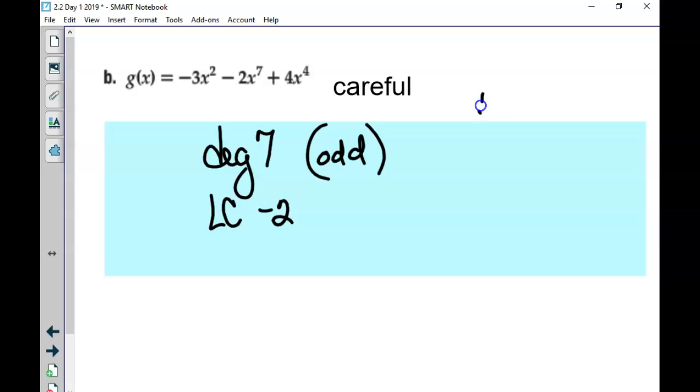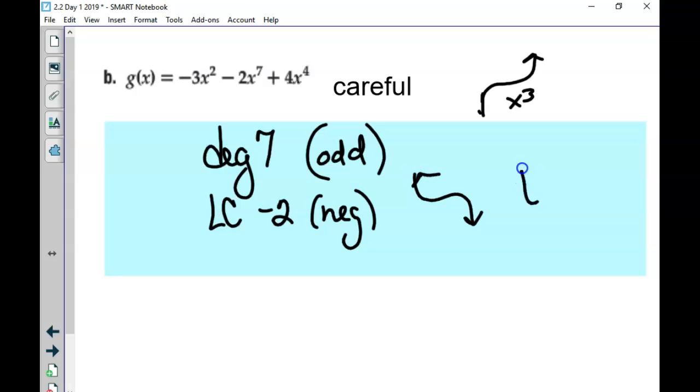If you can picture a cubic, which goes that way, this one has a negative coefficient, so it's going to go the opposite way, yes? This is the cubic shape. When we do the negative leading coefficient, it flips it, so it's going to go this way. In the middle, it could be doing a bunch of junk, I don't know. But I do know that the left end goes up.